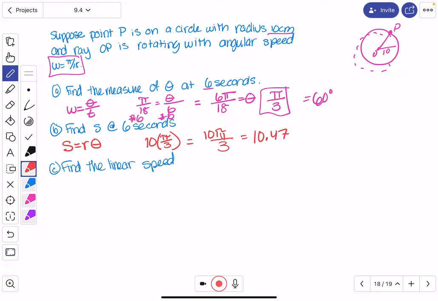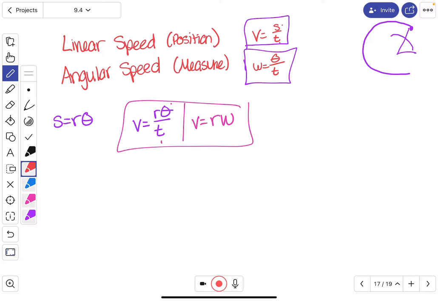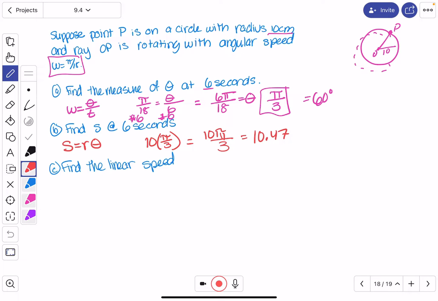And finally, find the linear speed. So we have our 3 choices for V. We have S over T, R theta over T, but we already found S, so why would we use that? Or RW. So we can use any of them, but since we found S and we have T, that's going to be the simplest to just plug in.